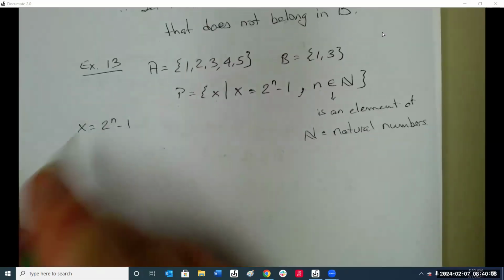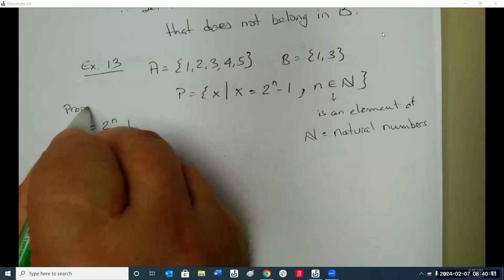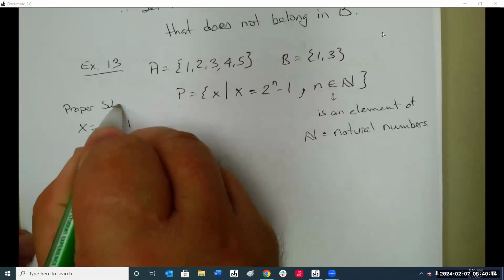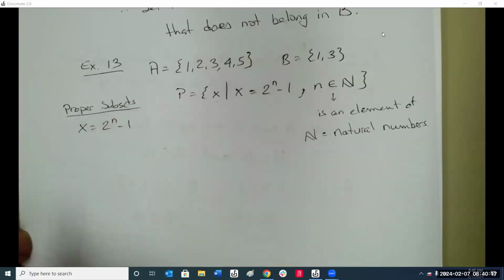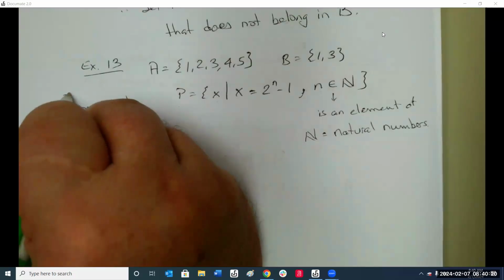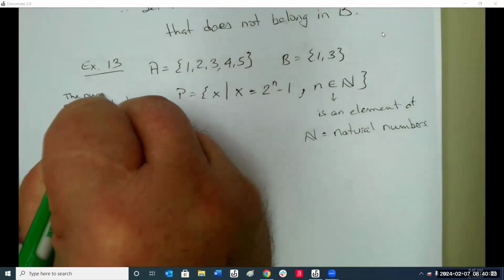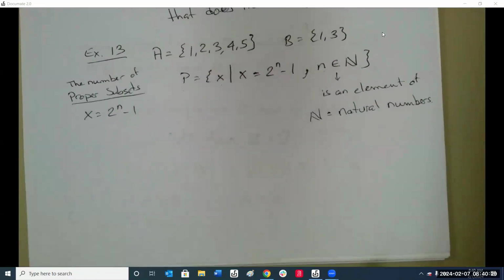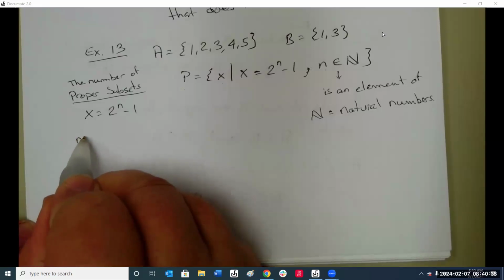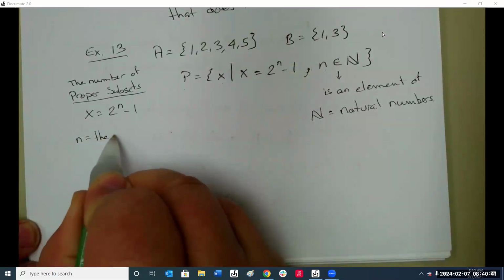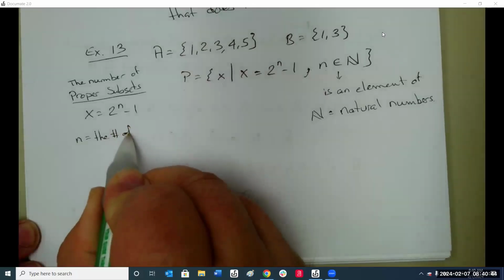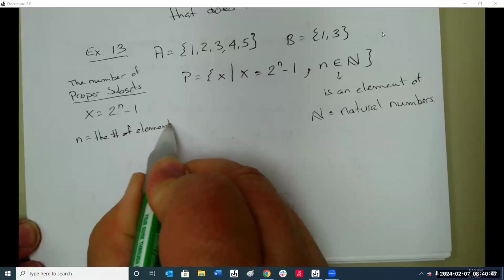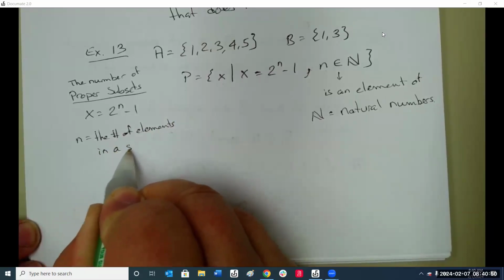This is the formula for proper subsets. Actually, to calculate the number of proper subsets, where n is the number of elements in a set.